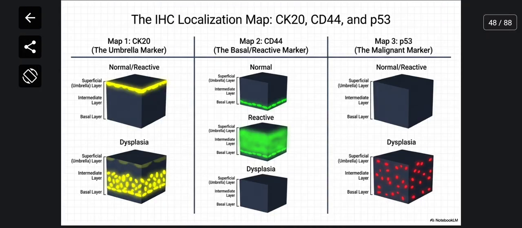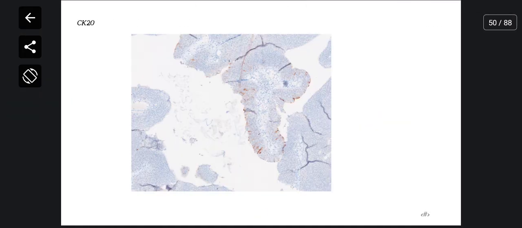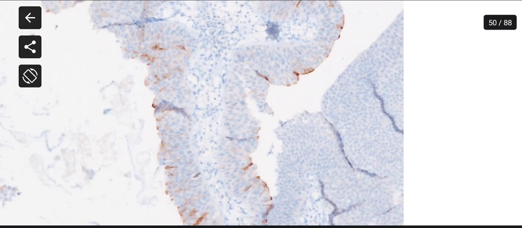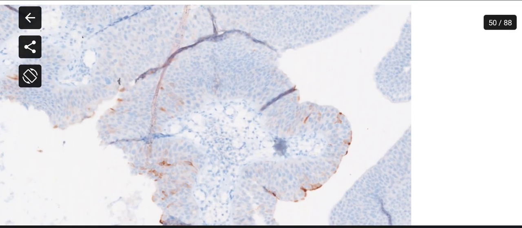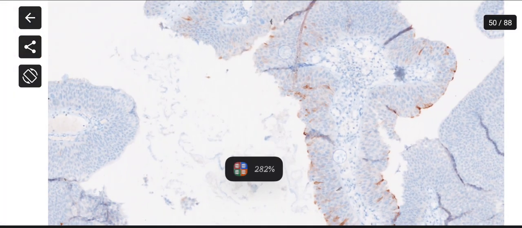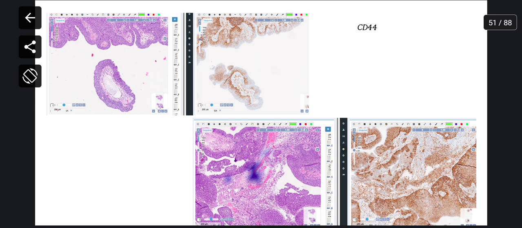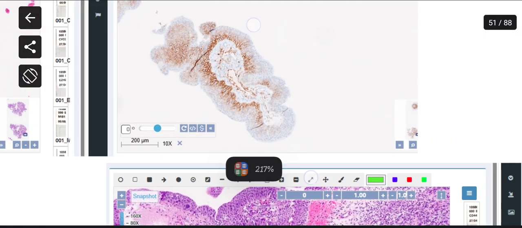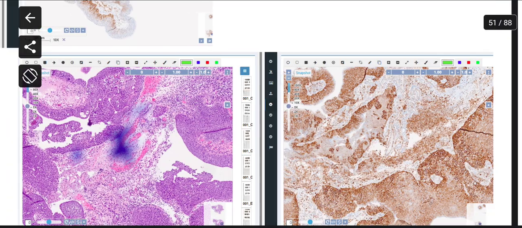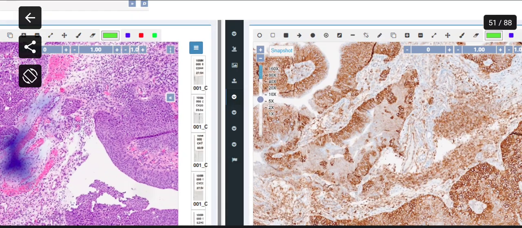Coming to our case, we have CK20, which is mostly in the superficial umbrella layers with some in the intermediate cell layers, right? And CD44 is on the basal cell membrane. In some areas it's limited to the basal layers, but in some areas it shows full thickness.